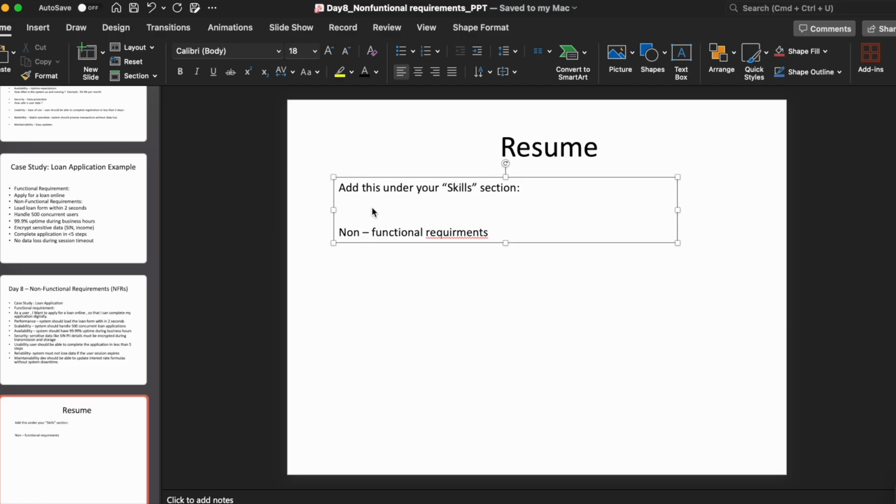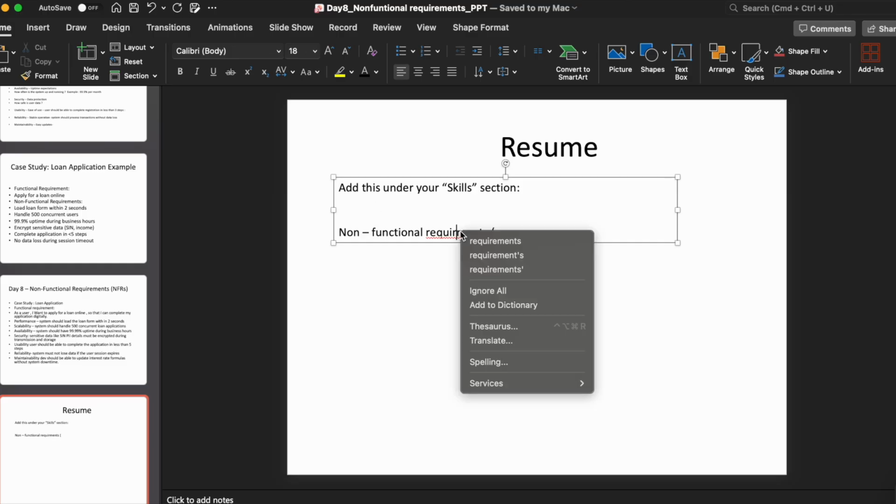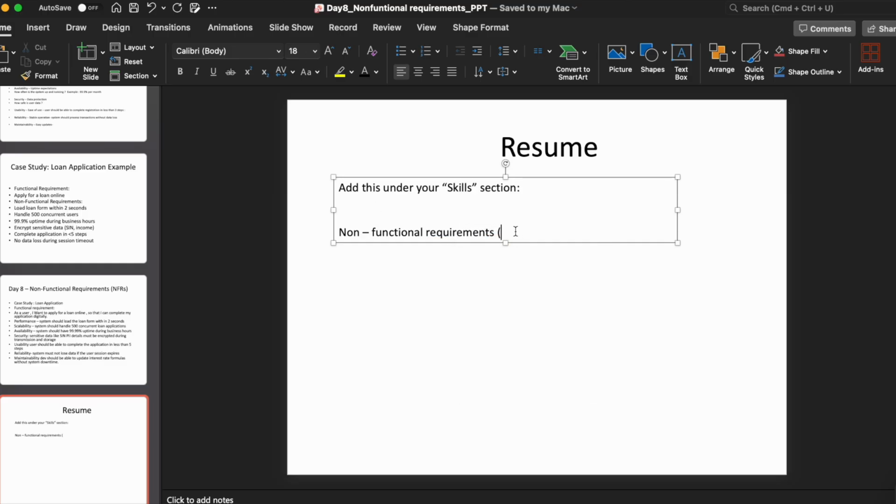You can mention this in your section, like performance, scalability, security, availability.